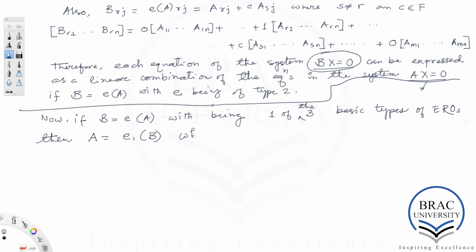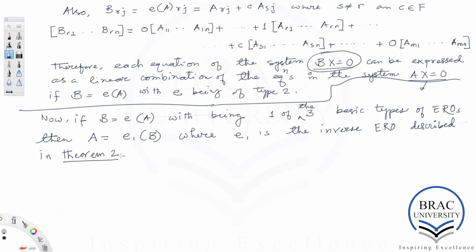where E1 is the inverse elementary row operation, inverse ERO, described in theorem 2.